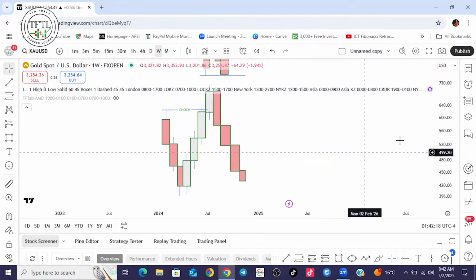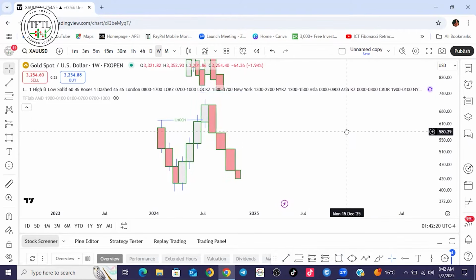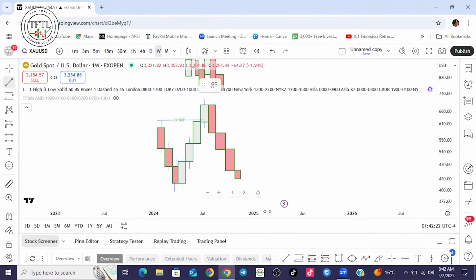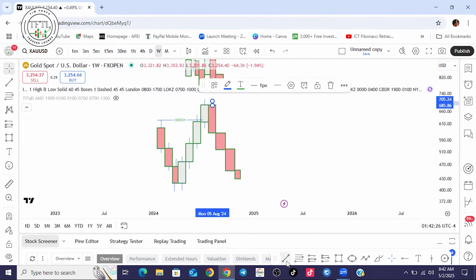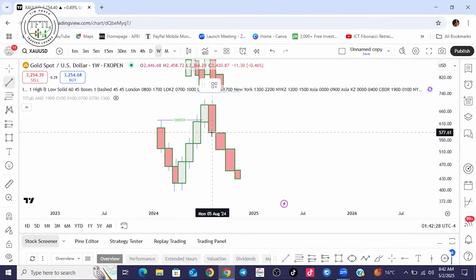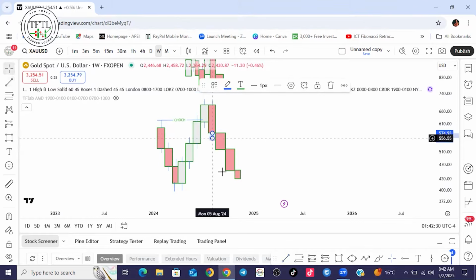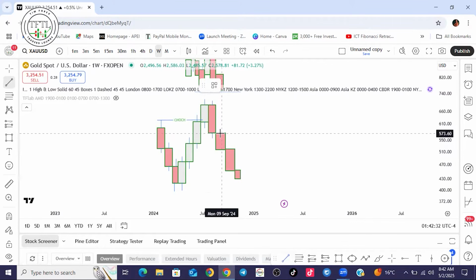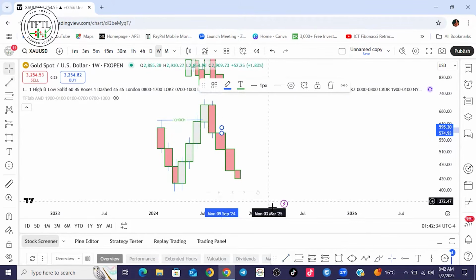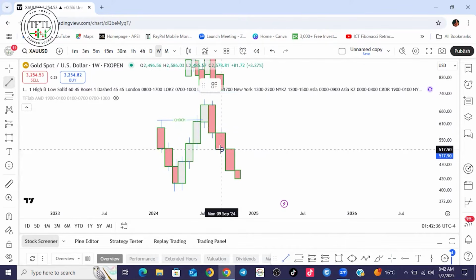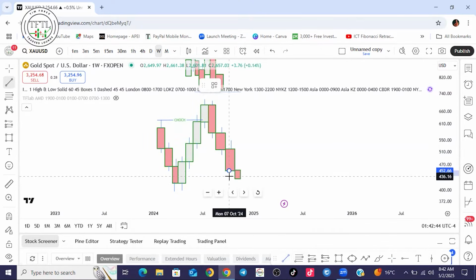Again, I will do the wicks here so that we can add some lipstick in the charts, as my mentor says. So we have that, then this one, then that one. So these are the wicks.